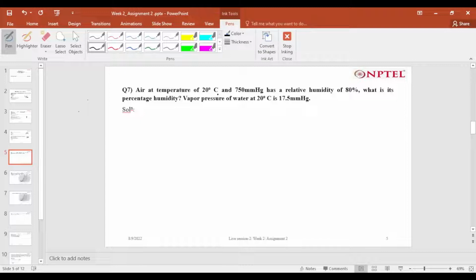Here is what is given: temperature 20 degrees Celsius, total pressure 750 mmHg, vapor pressure at 20 degrees Celsius, P_A, 17.5. We have to calculate the percentage humidity.